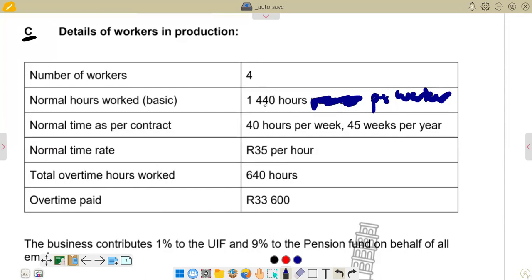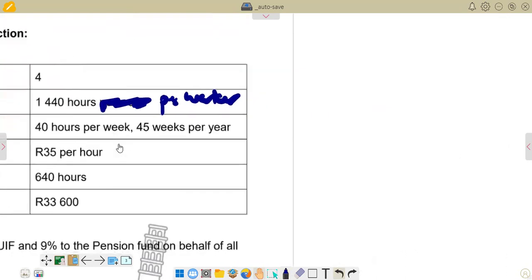On the calculation now of direct labor cost, we are saying we've got 4 workers, each one working 1,440 hours. So firstly, we have to find the total number of hours worked, since we have 1,440 hours per worker. So for four workers, we're going to say 4 times 1,440 hours.